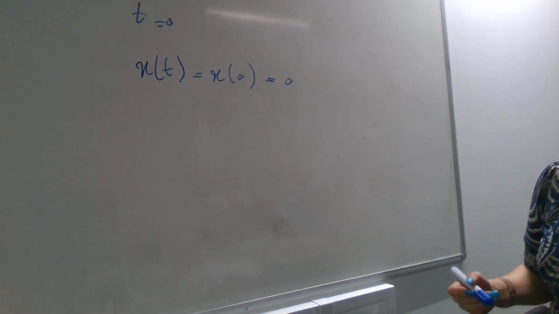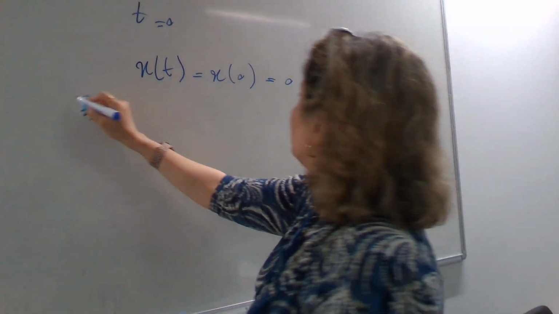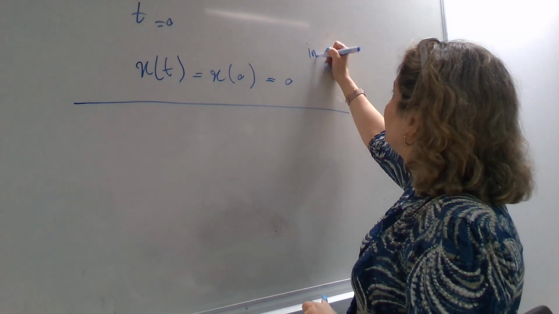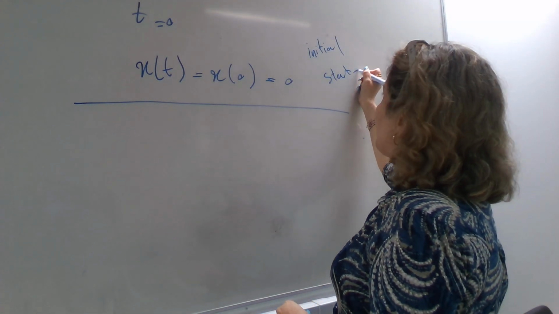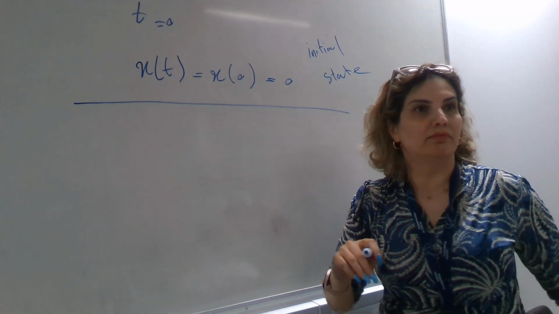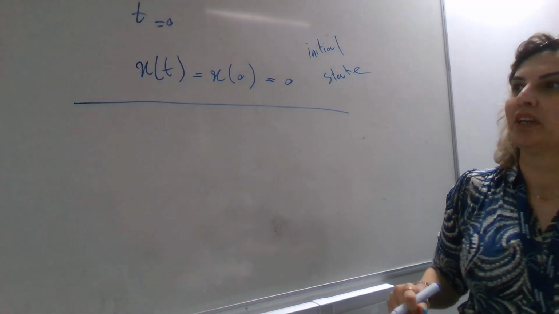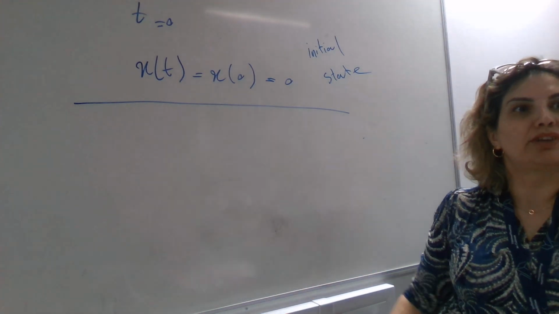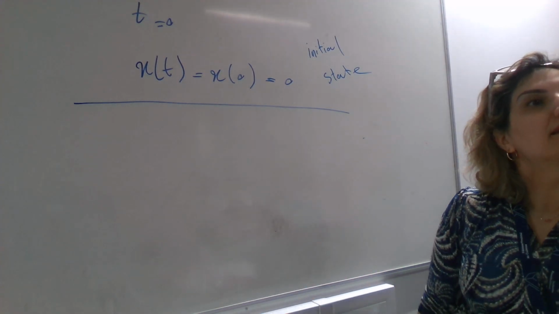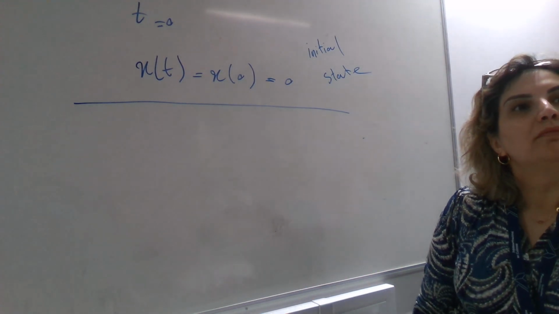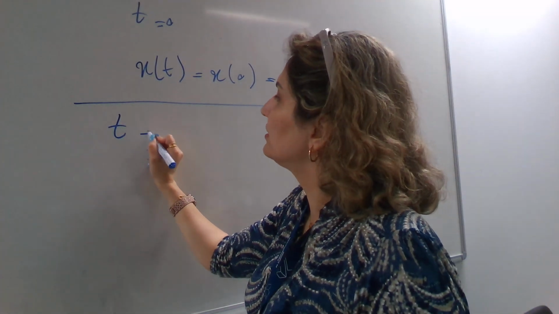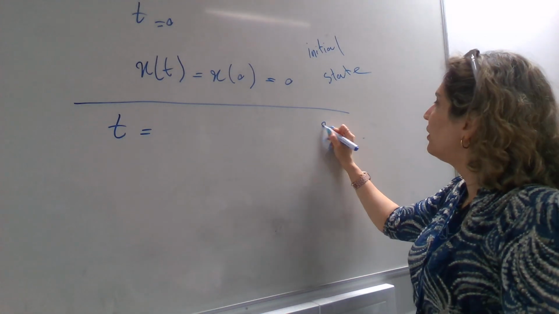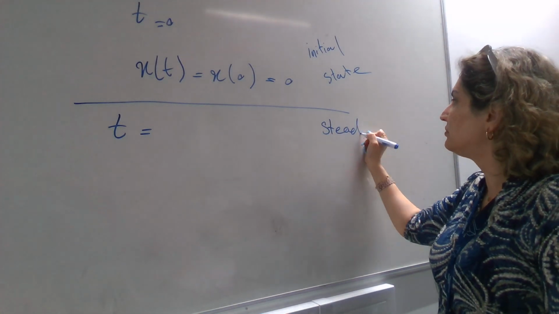What about the steady state? So this was the initial state. How about in the future, when the bouncing is done and the transient time has passed? What value should I put for time in the steady state?